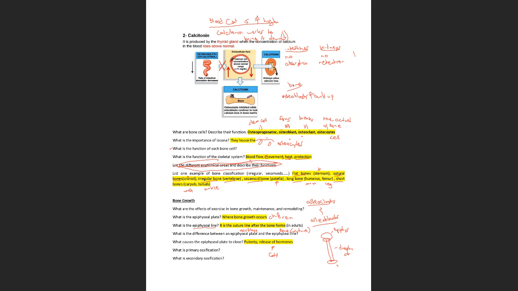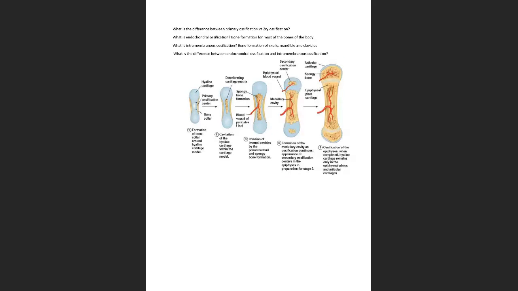Next, we're going to talk about the primary ossification and secondary ossification centers. The primary ossification center has to do with endochondral ossification.